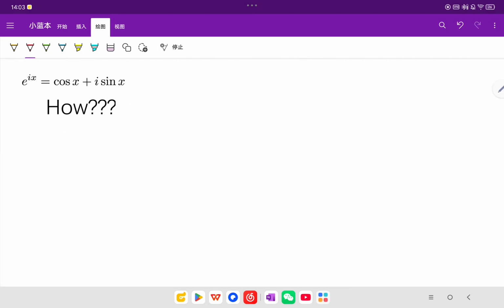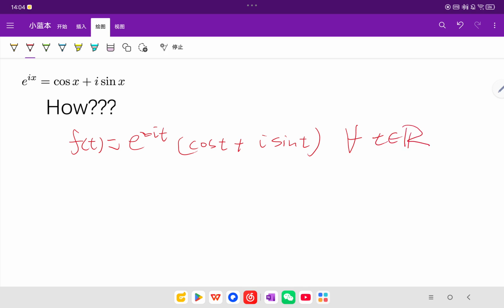So our first method to prove this is to use derivative properties. Let's first consider a function f(t) equals e to the negative it power times (cos t plus i sine t). This is defined for all t in the set of real numbers.